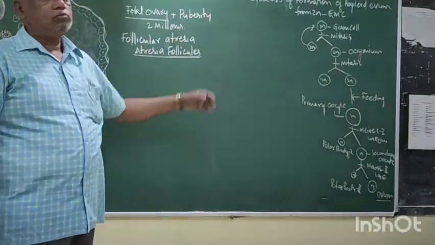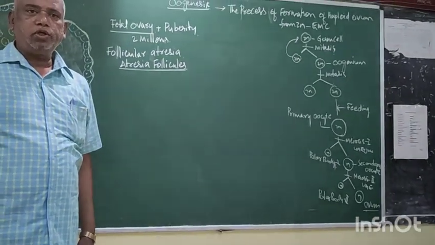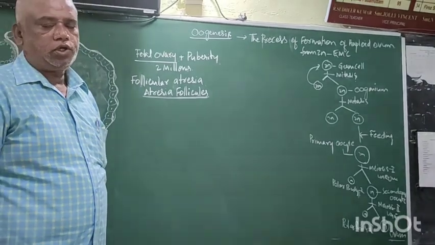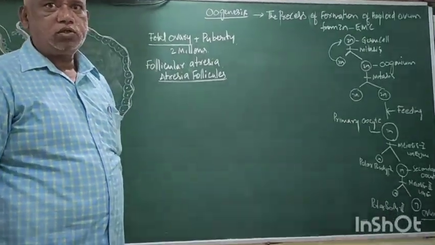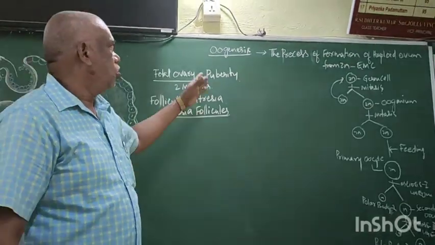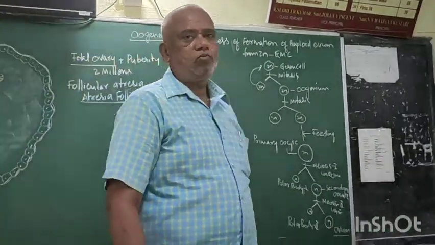Oogenesis. The same chapter, women's reproductive system. Yesterday we discussed the mammary glands and spermatogenesis. Now, oogenesis.